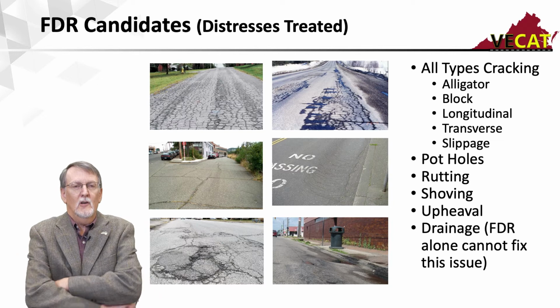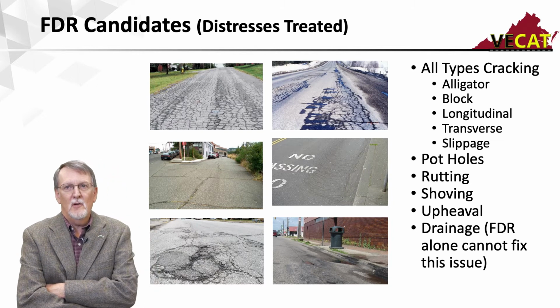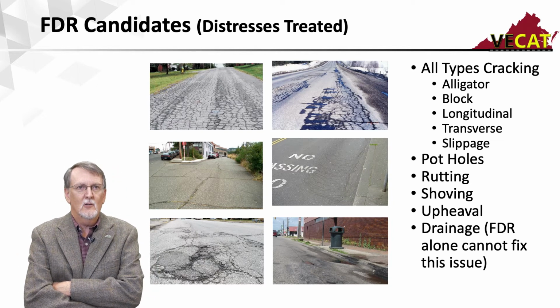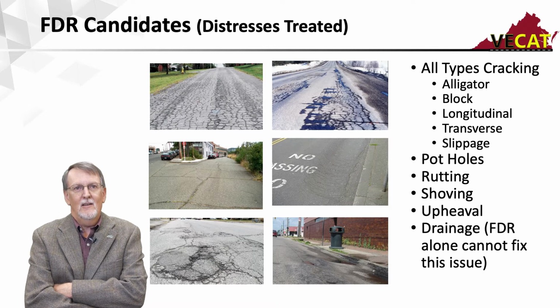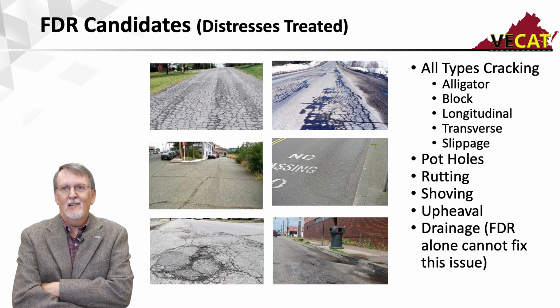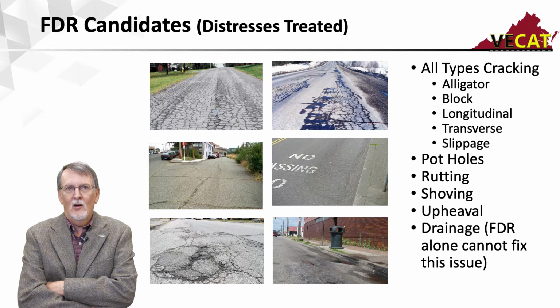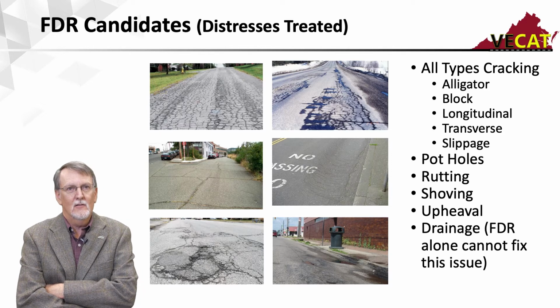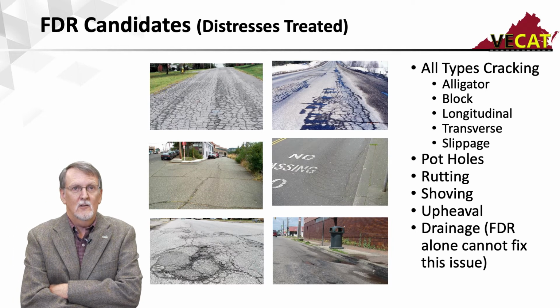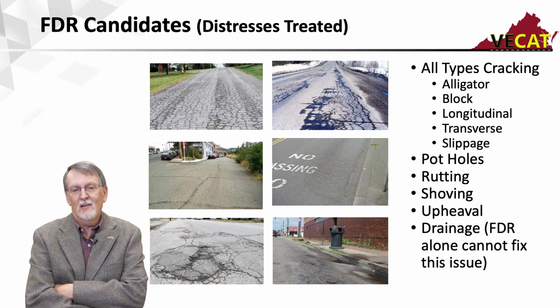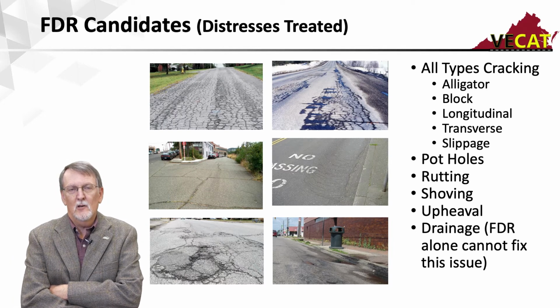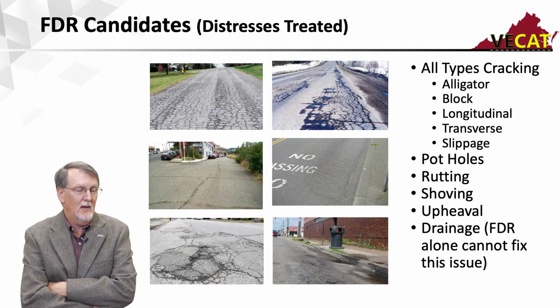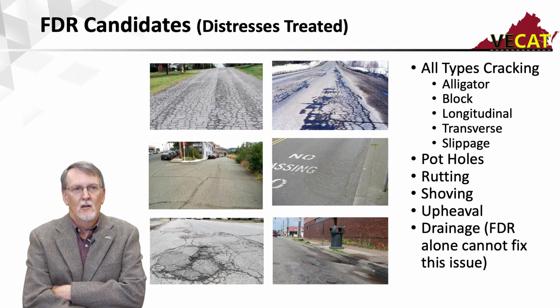As far as the distresses, since I'm going to take that asphalt pavement and completely grind it up, I can handle just about any distress that I can reach. So I can handle all types of cracking in that asphalt pavement, from alligator cracking to block cracking to longitudinal to transverse cracking, slippage cracking, because I'm going to completely destroy that crack pattern.